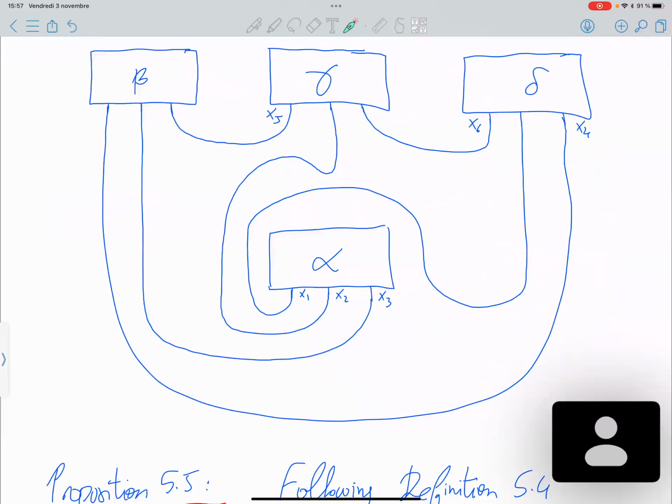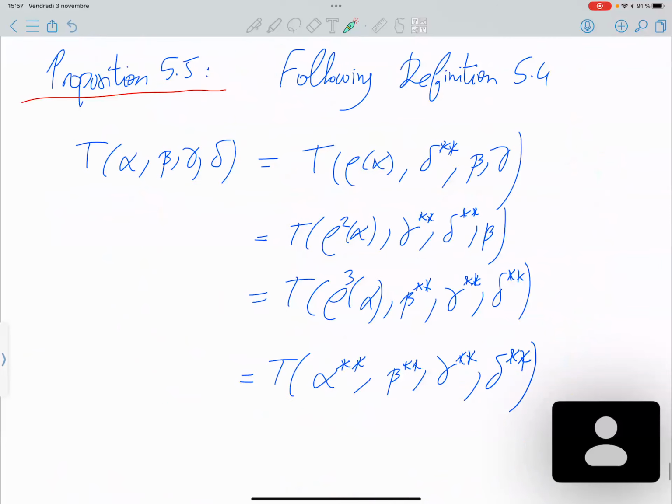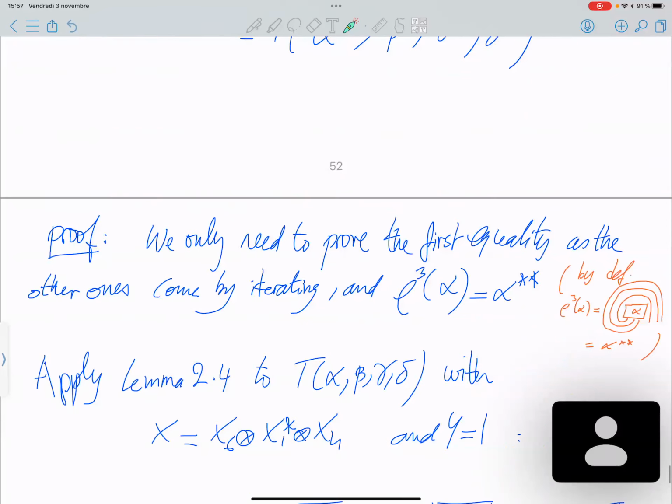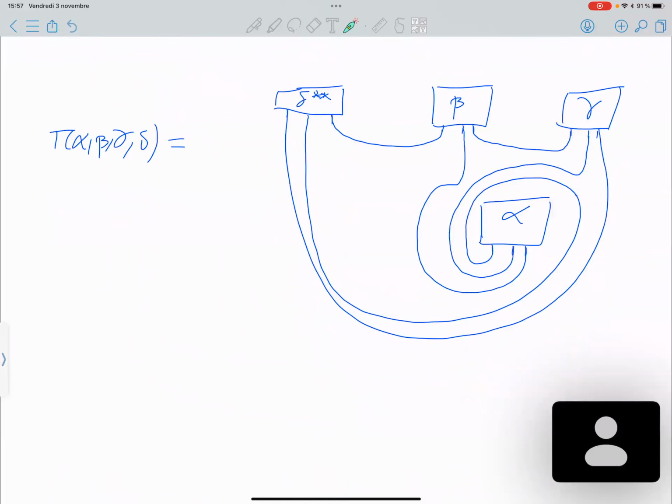But now this one is not connected to the one on the right; it is connected to here. So we want to make this one first. How to do that? We apply the natural transformation rho.